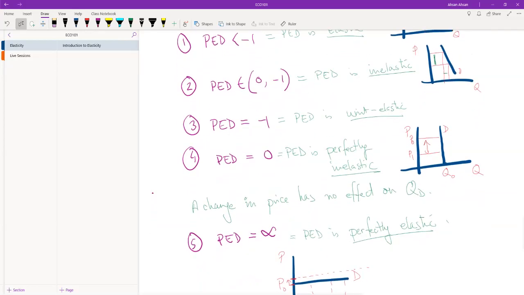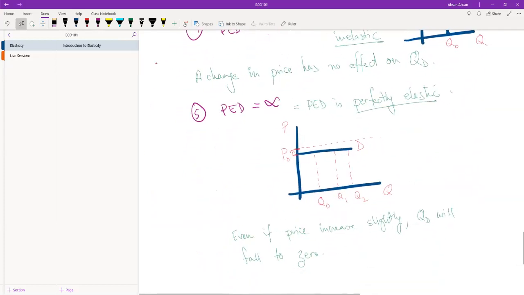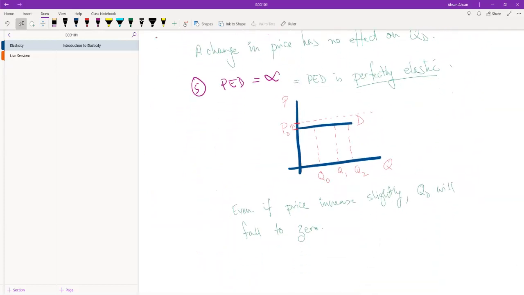Over here, perfectly elastic. So what type of good might this be? What type of good will have a perfectly elastic demand curve? Well, think of two people selling vegetables out on a street side by side.